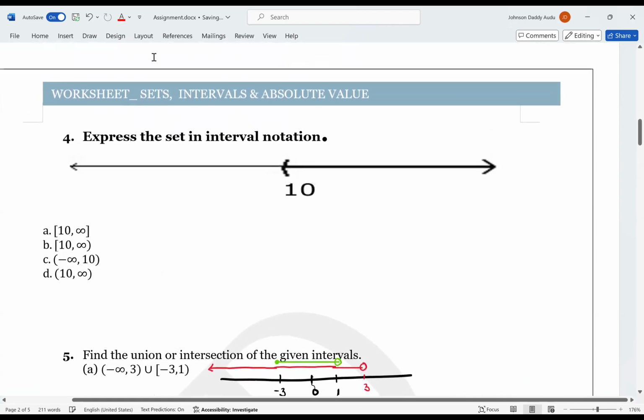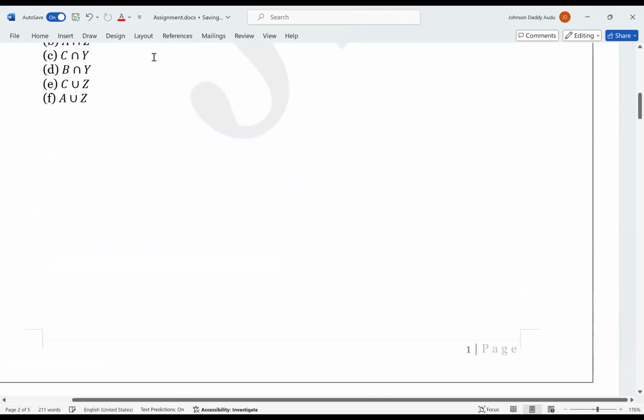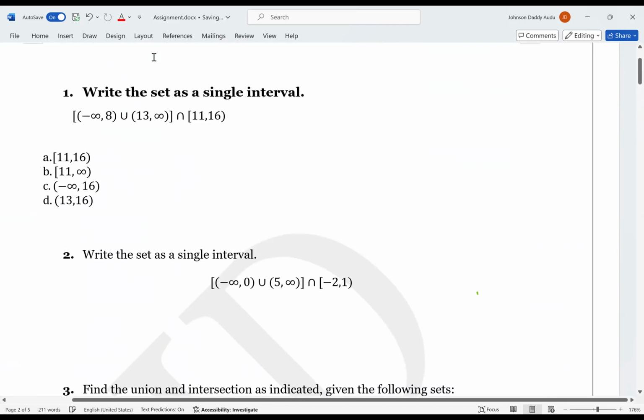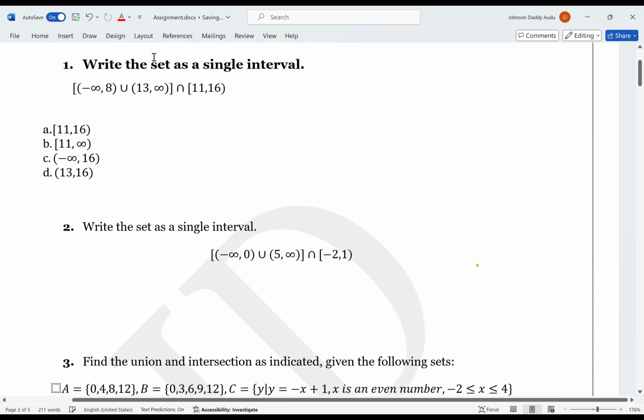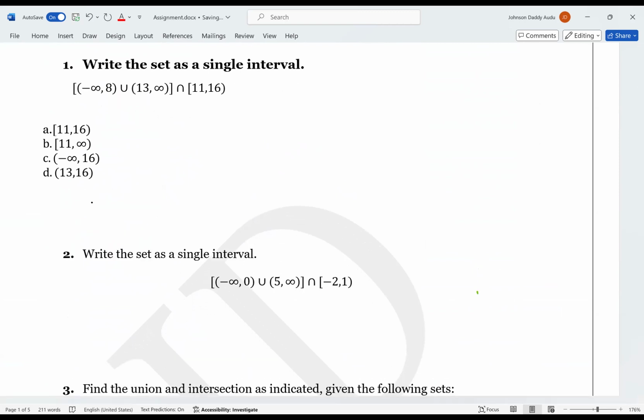Now, before we do number 4, let's go to 1 and 2. Okay. So look at 1 and 2. Now, you also want to write it as a single interval. So you first of all look at this interval, finish with what is in the bracket, then you intersect it with this one.